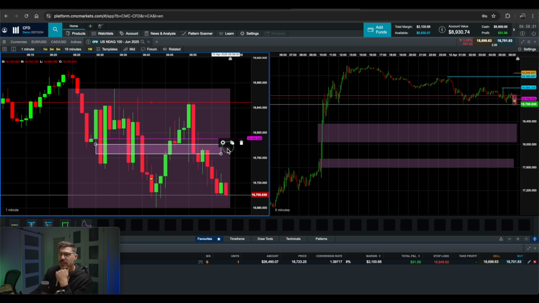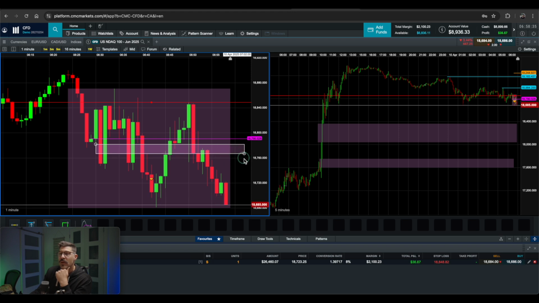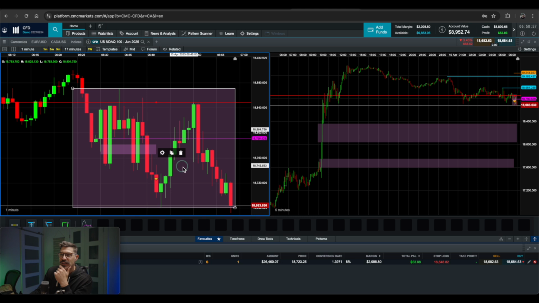This guy here is our first presented fair value gap. Although ICT would say that it's disqualified because of this balanced price range in here, which would mean the first one was here.